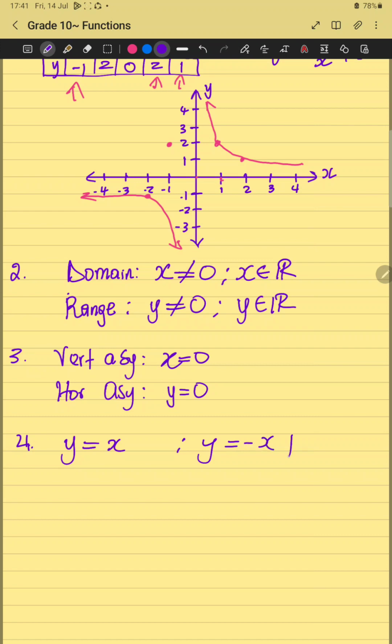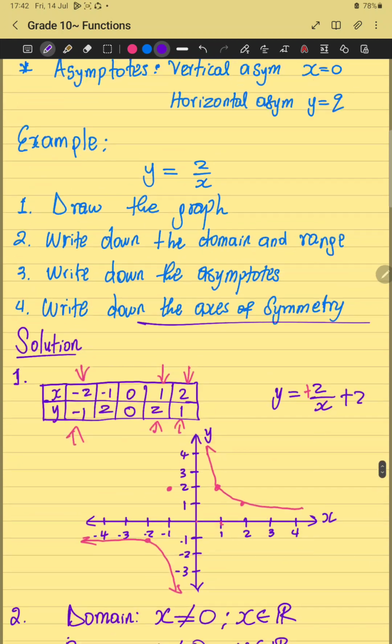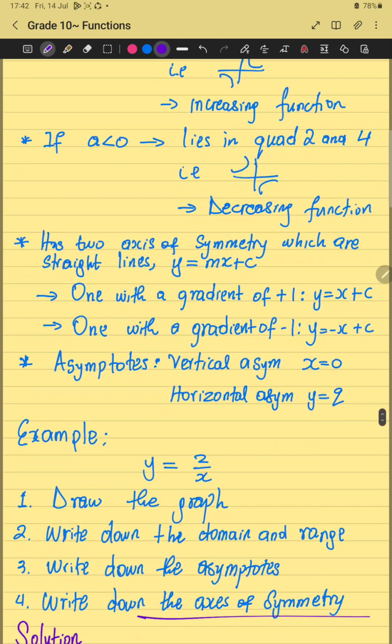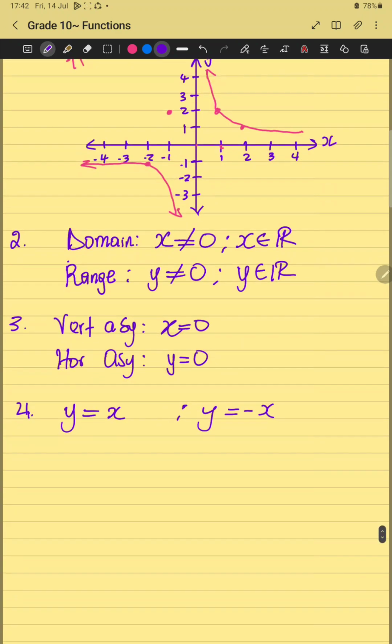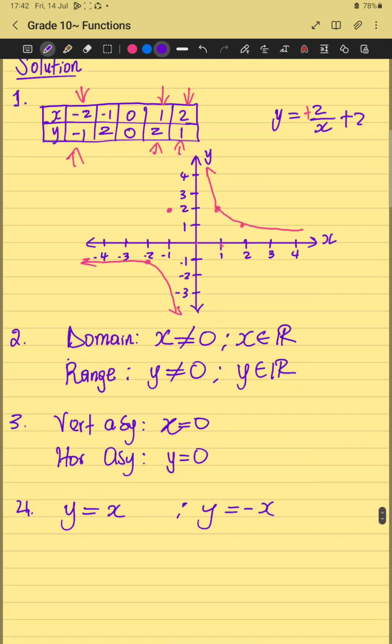So we're not going to have the value of c here because we do not have a horizontal asymptote. In fact, it is 0, so we just put x there. If you check from the notes I sent, it has 2 equations of axis of symmetry, one with a positive gradient, one with a negative gradient. If the question didn't specify which one, we just write both of them.